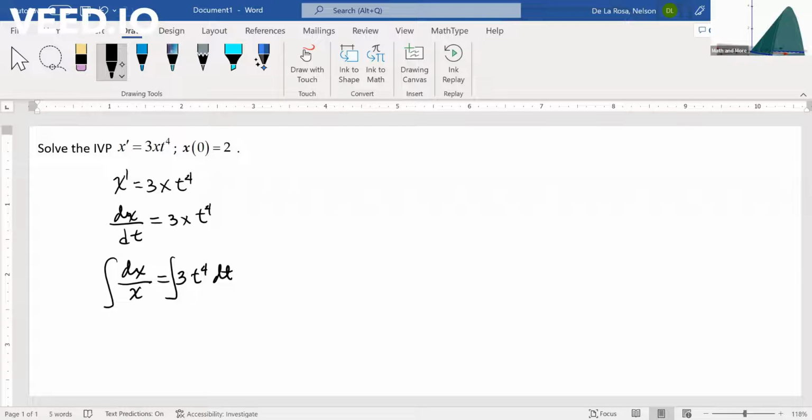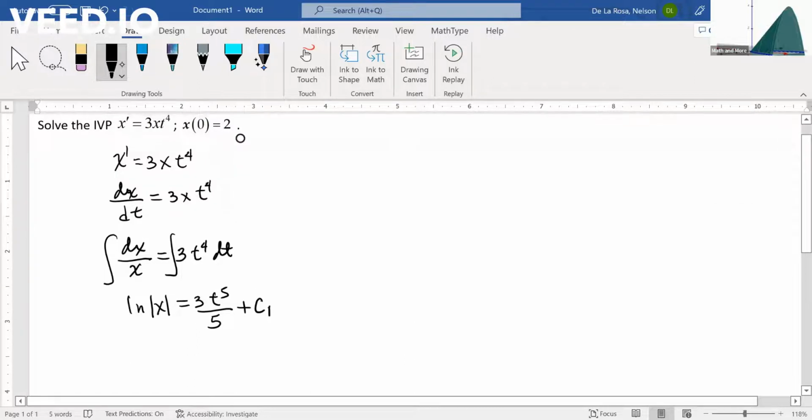So the integral of dx over x is ln of absolute value of x. The integral of 3 t to the 4 dt is 3 t to the 5 over 5 plus, let's say, a constant that we can call C1.